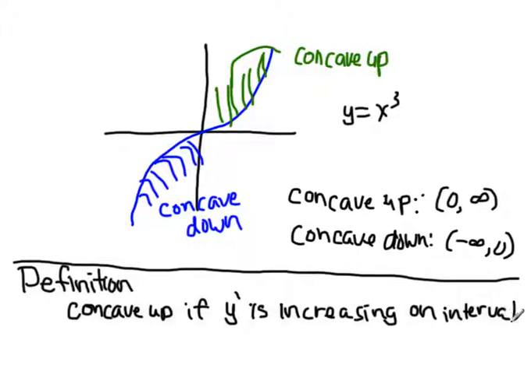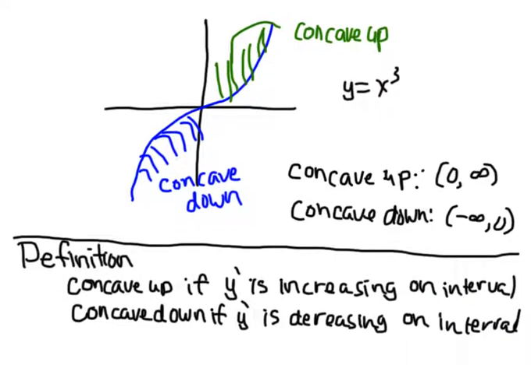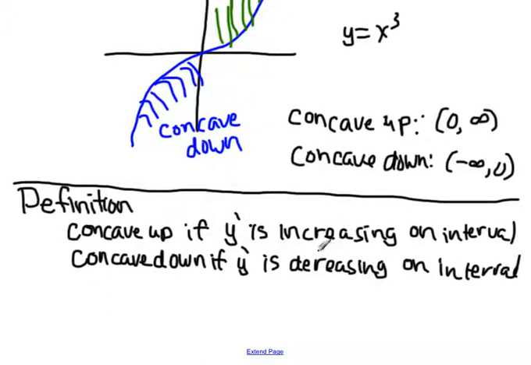And then the opposite: it's concave down if the first derivative is decreasing on an interval. We'll get into exactly what that means, because for a first derivative to be increasing, we're going to have to define what that is.